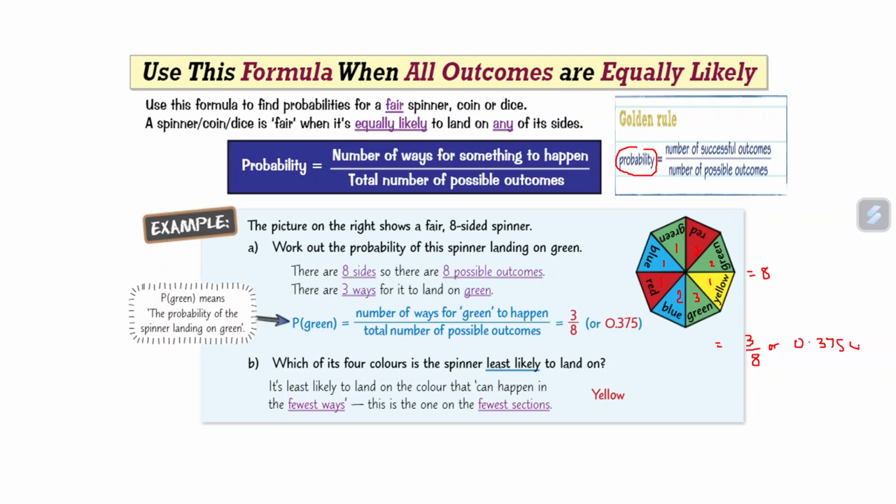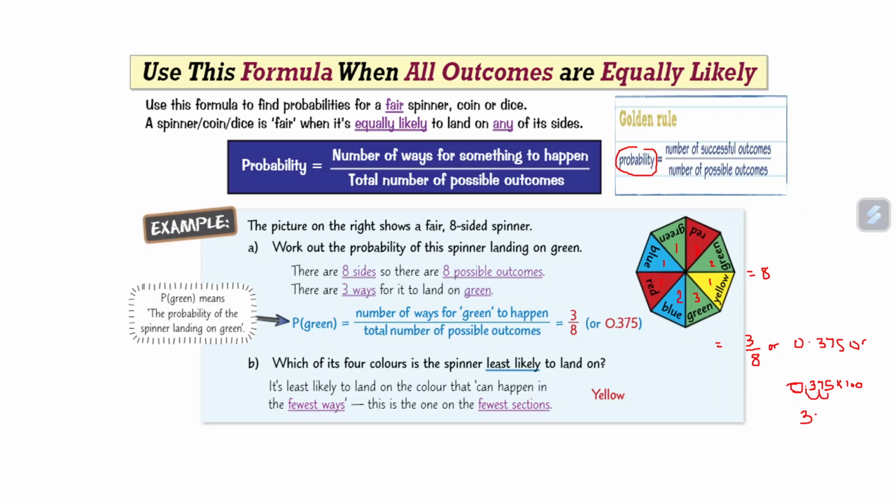or in percentages. To convert this to a percentage, it will be 0.375 times 100. So you move the decimal point 2 times to the right, 1, 2.